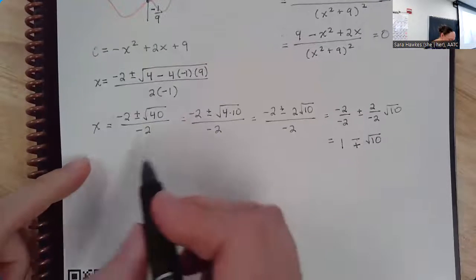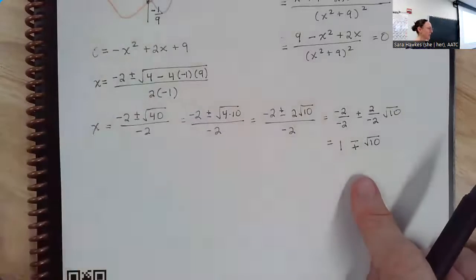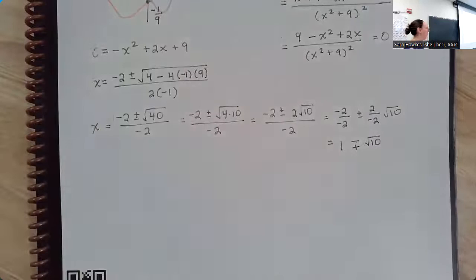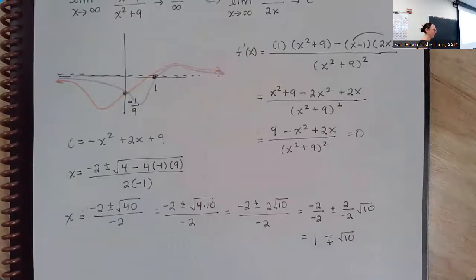So in terms of the number line, by the way, now I know which one it is. Which of my curves was right? This one or this one?